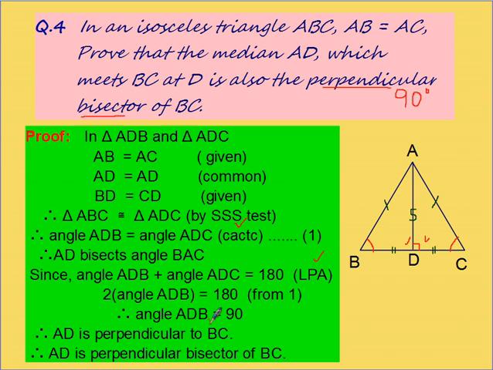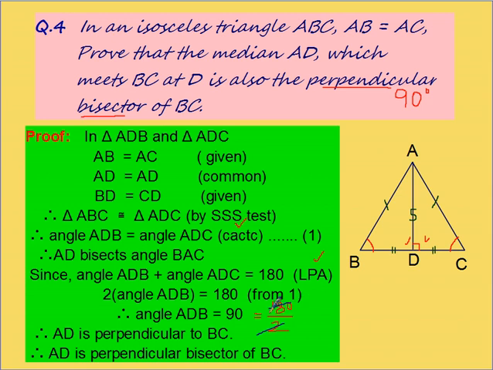ADB will be 180 upon 2. I have written directly 90, but you can write 180 upon 2, because your teachers sometimes cut marks if you skip any step. So make a habit of not skipping any step. And I tell my students that geometry is like French or more than French, because they are meaningless terms. So you have to focus more on the diagram.